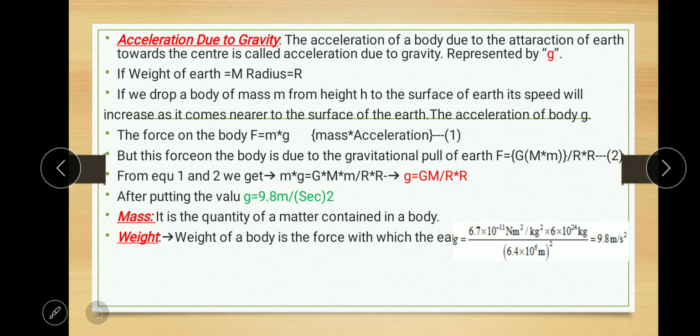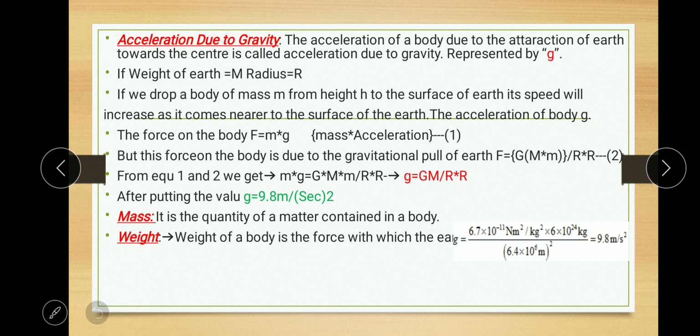Now, acceleration due to gravity. The acceleration of a body due to the attraction of Earth towards the center is called acceleration due to gravity. It is represented by small g.